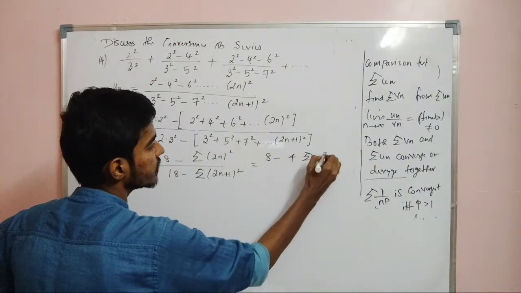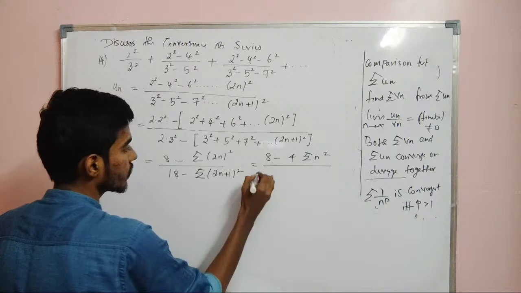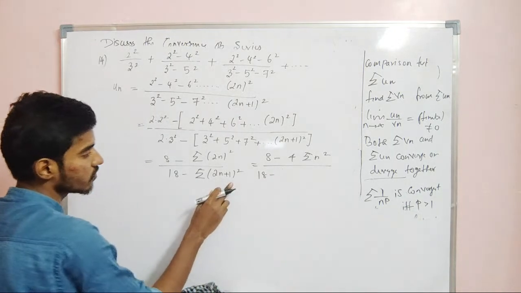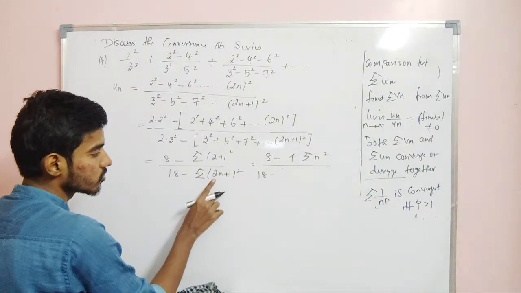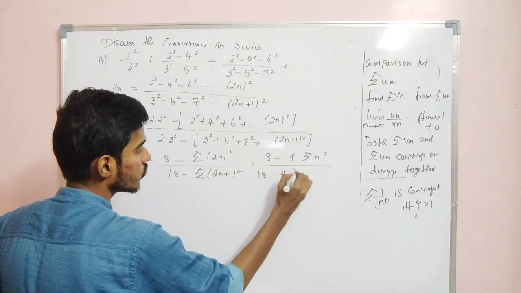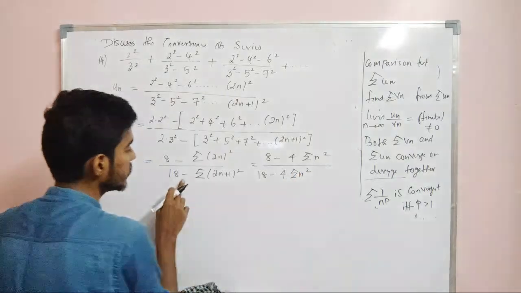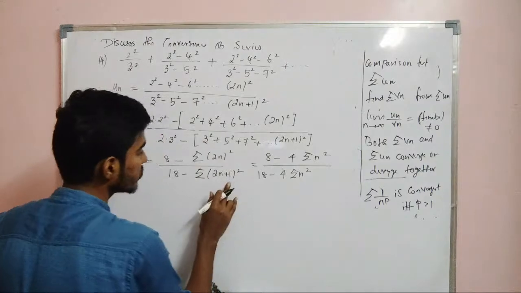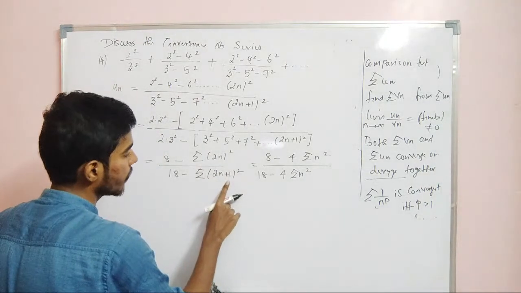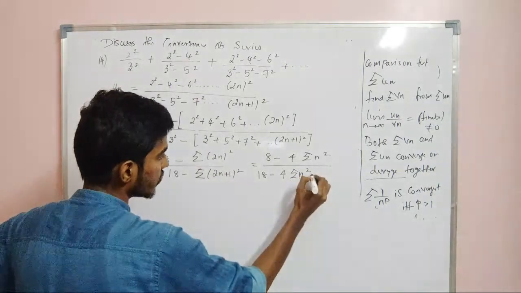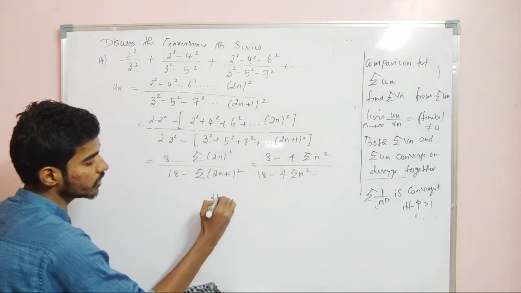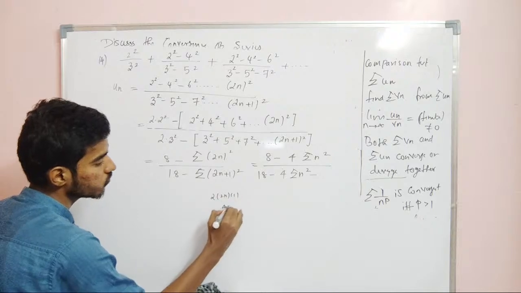into summation n square divided by 18 minus, and if I apply a plus b whole square formula, so first you will have a square, which is 4n square. Since you have minus here, I am writing every term with minus, so a square plus 2ab, so plus 2ab will be minus here, so 2 times ab, so 2 into 2n into 1, so we will have 4n.